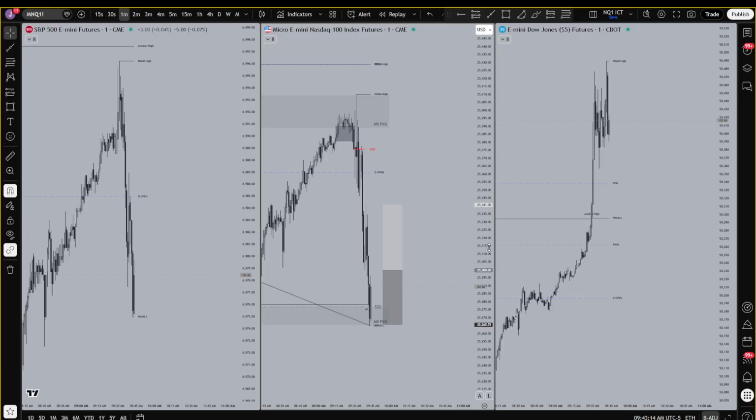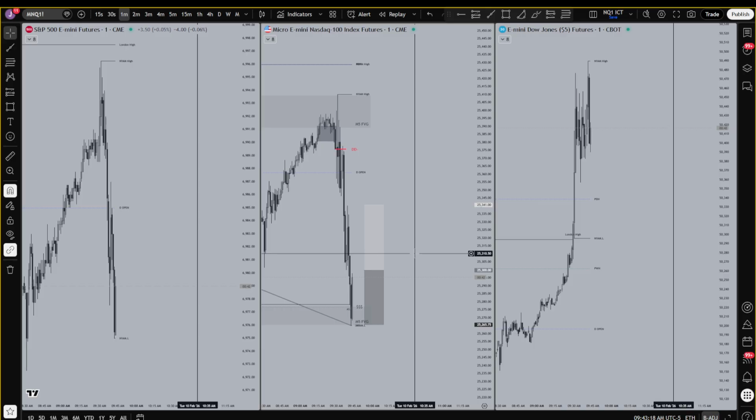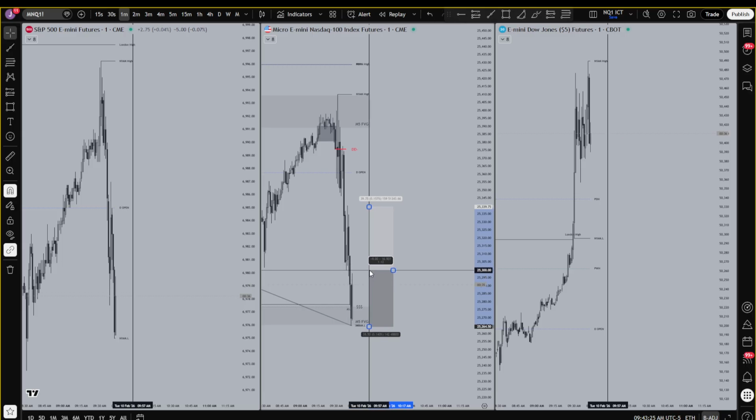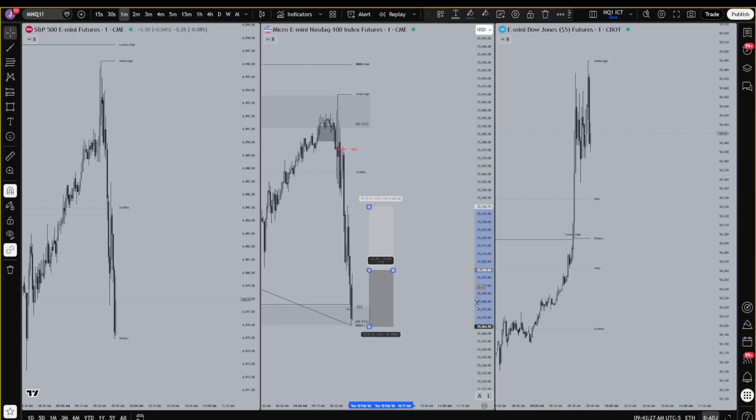Alright, let's see if we get it. Let's see what kind of entry confirmation this is. How big do the ranges get? Pretty wide. Yeah, pretty decent.